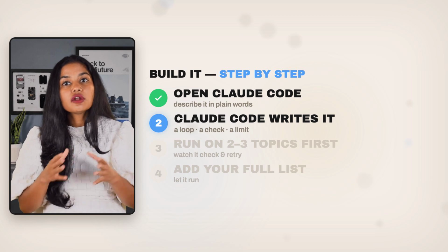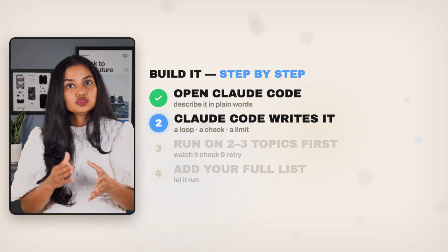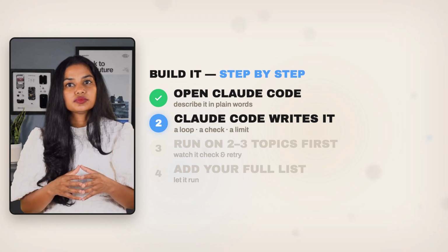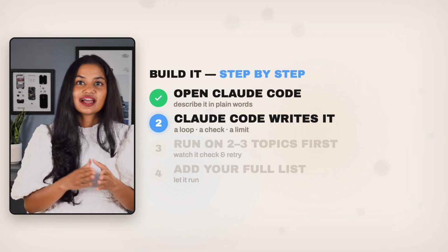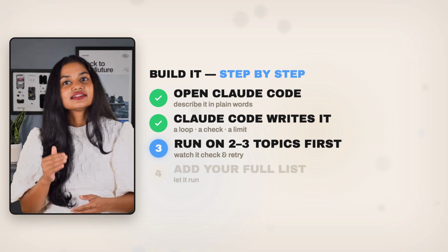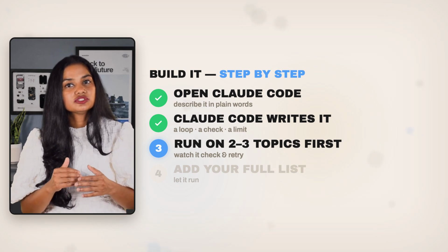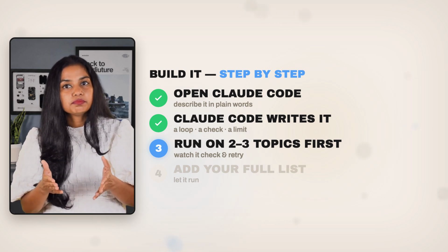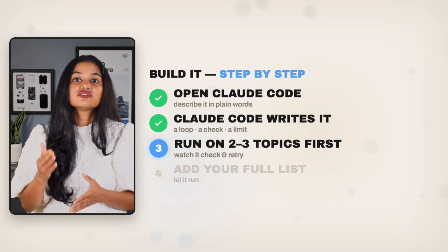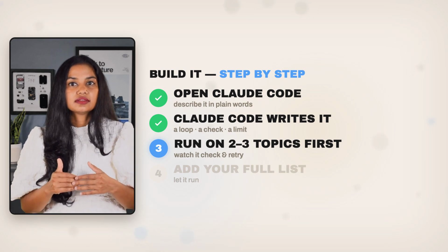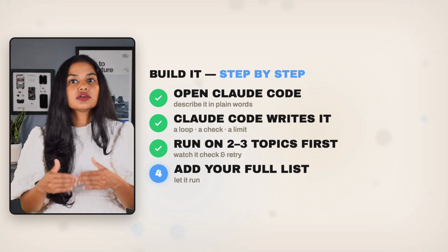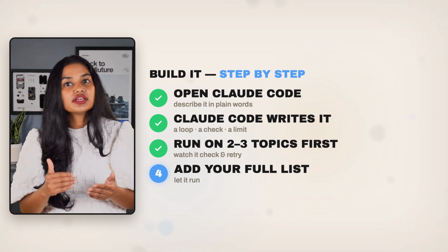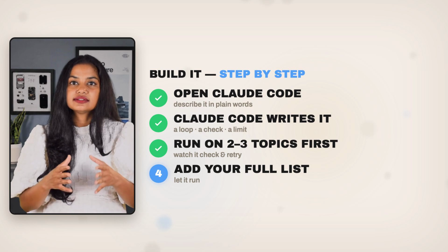Step 2, Claude Code will write the script for you using the same pattern we just walked through: a loop, a check, a limit. Step 3, run it on a tiny list first. Just 2 or 3 topics. Watch what happens. Read the output, make sure it is actually checking and retrying the way you expect. Step 4, once it works on the small list, add your real full list of topics and let it run.